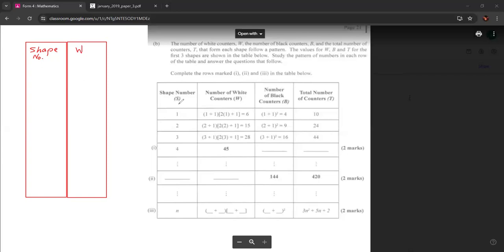Now, what you want to do is look out for a pattern, and the pattern must always include your figure number. If you notice, as these numbers changed, some of them remained constant.